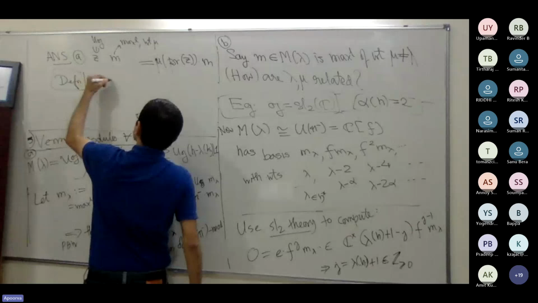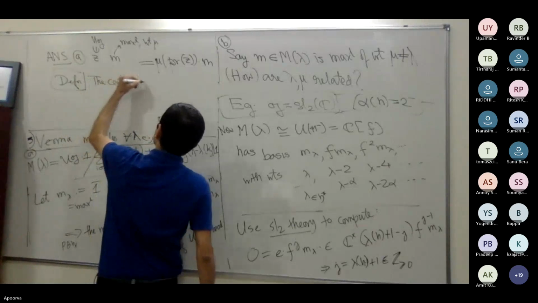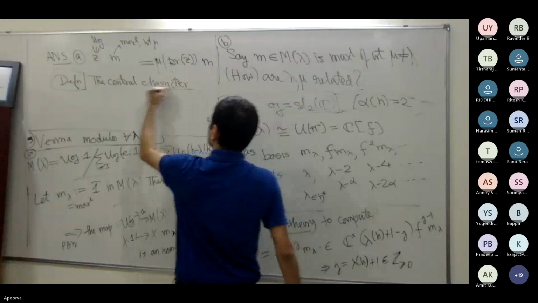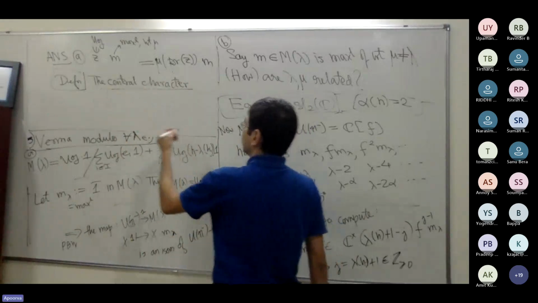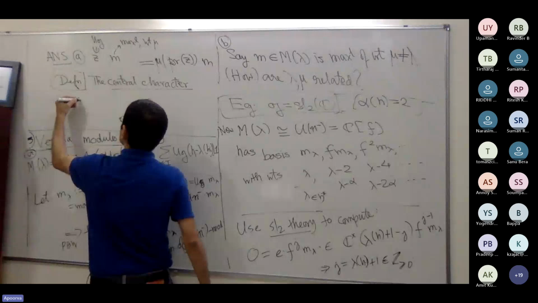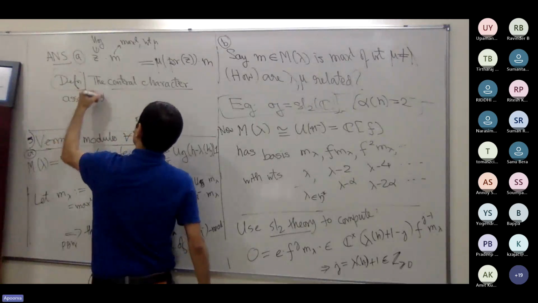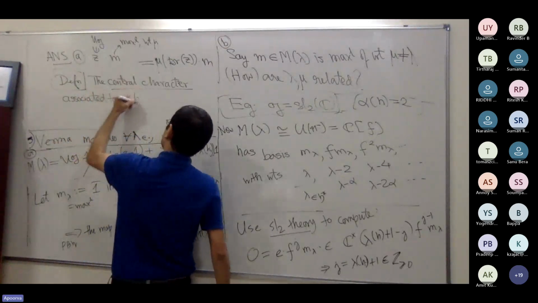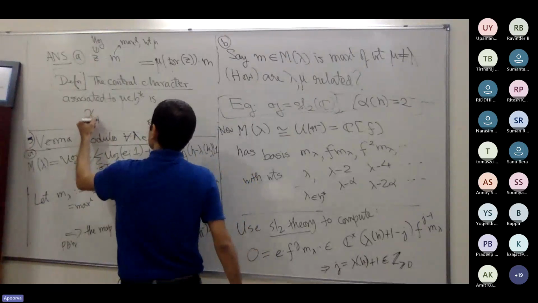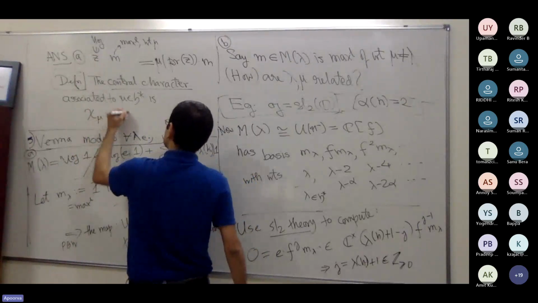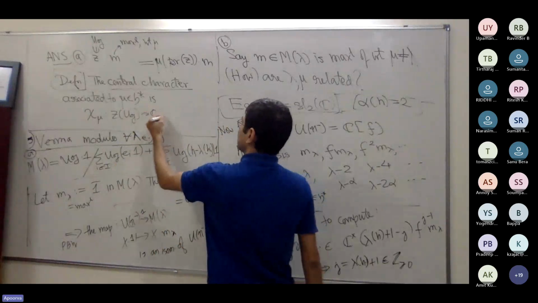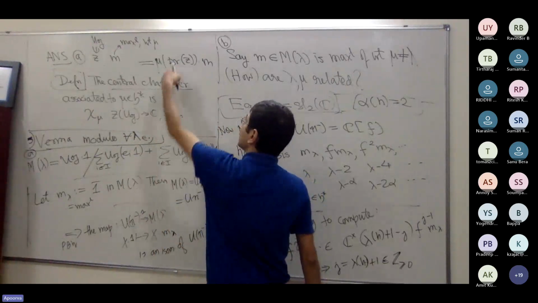The central character associated to mu is chi_mu from the center of U(g) to C, sending any central element here to exactly this.